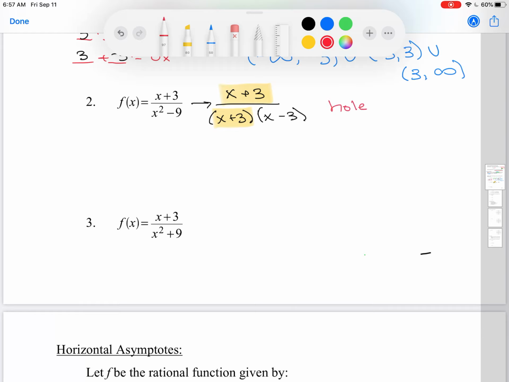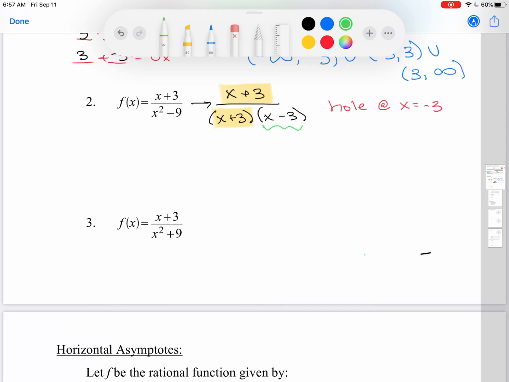So as soon as I see that they're going to match, I'm going to say there's a hole at x equals, and go ahead and look at what x has to be in order to get this to be a 0. So x would have to be a negative 3. So there's a hole at negative 3, okay? When we talk about holes, they're no longer considered to be vertical asymptotes.